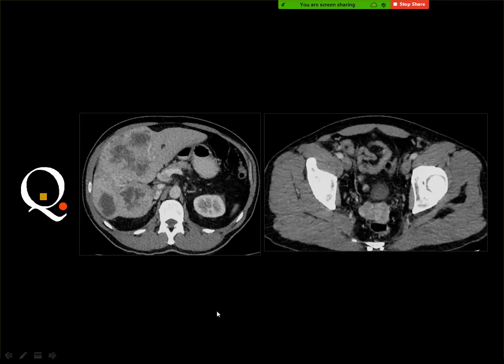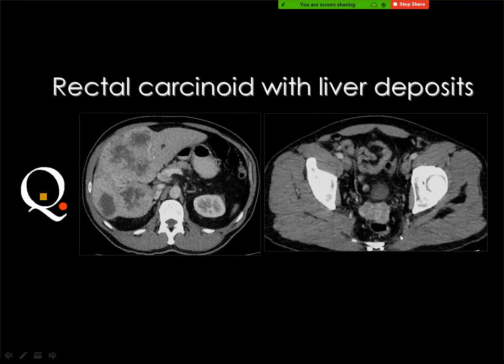Liver deposit. Rectum. Yes, colorectal carcinoma. You see a mass here in the anterior wall of the rectum with multiple liver focal lesions diagnostic of metastasis. Actually, you cannot say that this is carcinoid, but you see that this is a neoplastic lesion in the rectum that is associated with metastatic deposit.